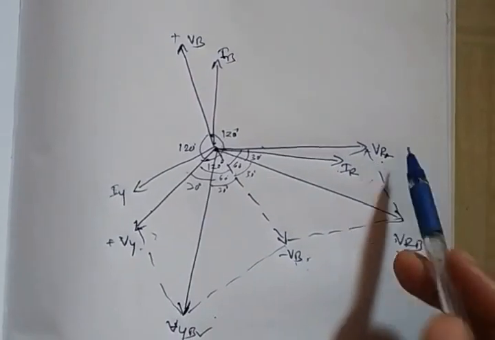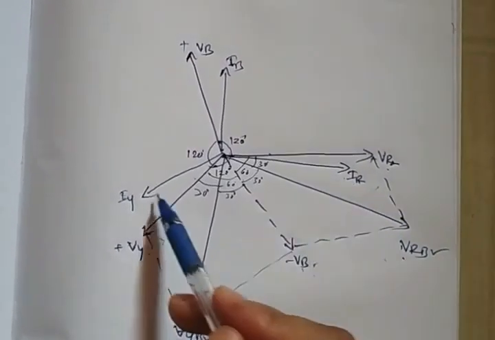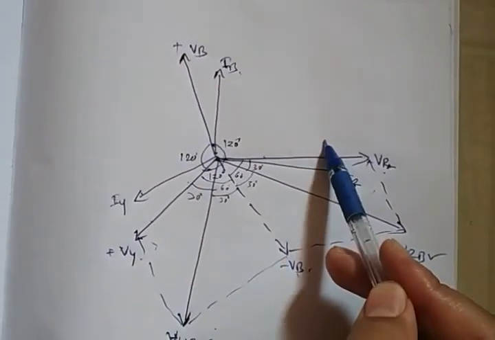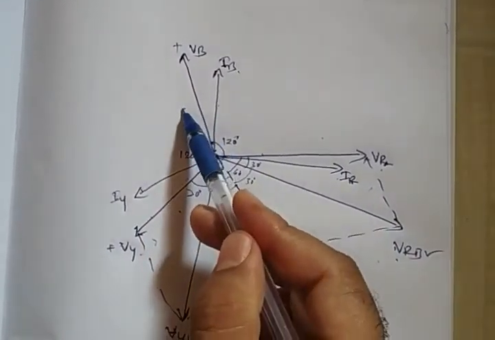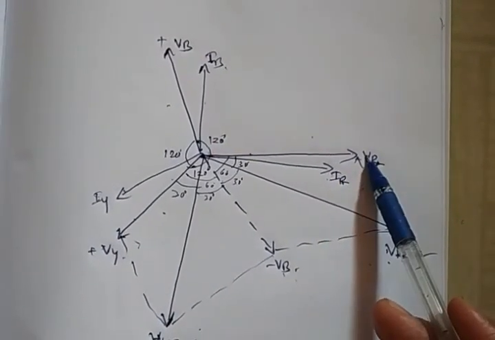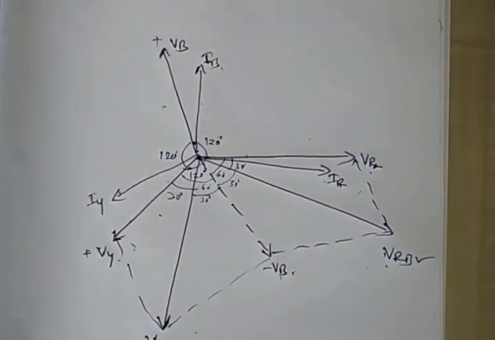Remember what I did here: IR assumed direction of the current, IY assumed direction, IB assumed direction. If I take IR here, then IY comes here, IB comes here, that's it. Now I have taken the current lagging the voltage. If you take it here, the current is leading VR, that's it, lagging and leading.